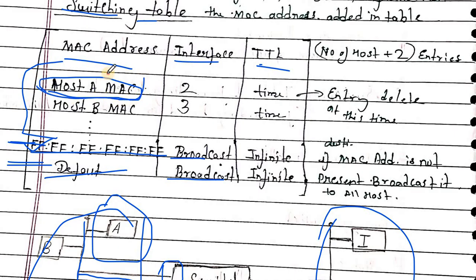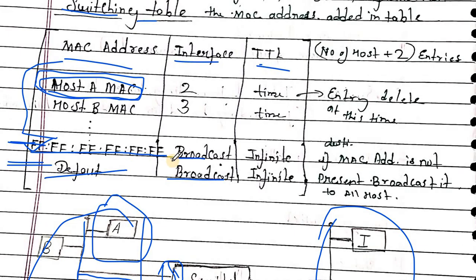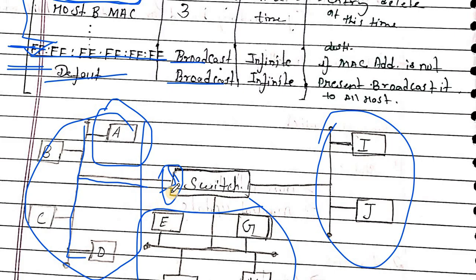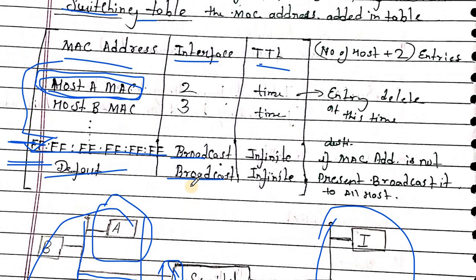If the source MAC address is not in the switching table, then it adds the source MAC address and its port number, the port in which the frame came, creating an entry for the source host. Now again it checks the destination MAC address.